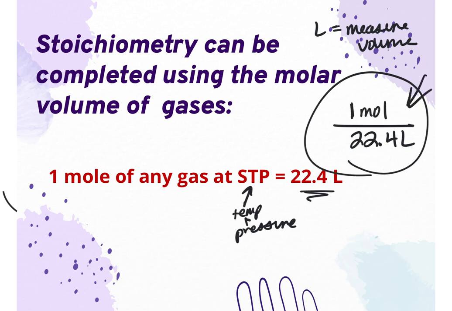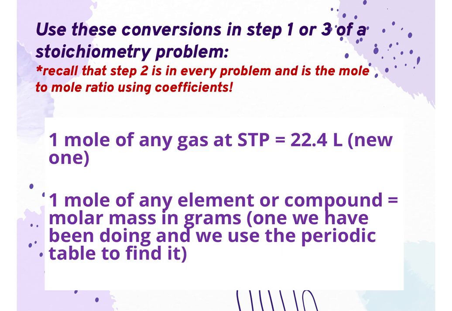It can be subbed in for the conversion in steps 1 or 3. Remember, step 2 is going to be the mole ratio. This never changes, okay? So step 2 is always a mole ratio. But if I'm starting with liters of a gas, I can convert liters to moles, moles to moles, and moles to grams or liters.